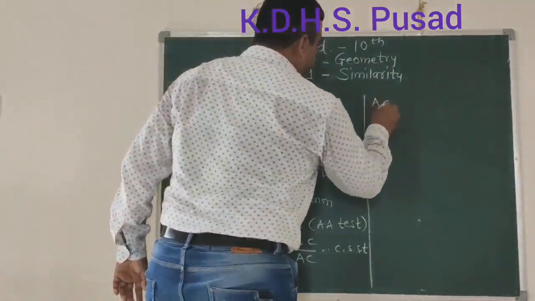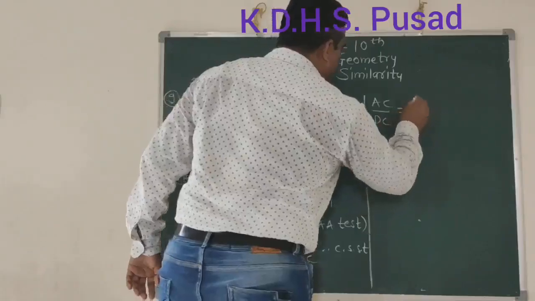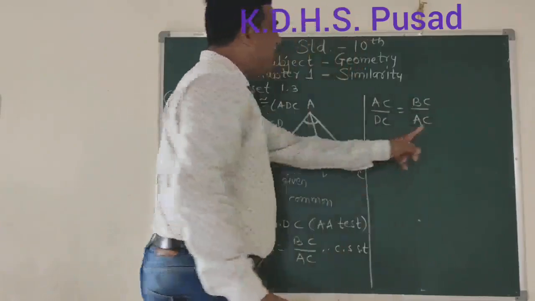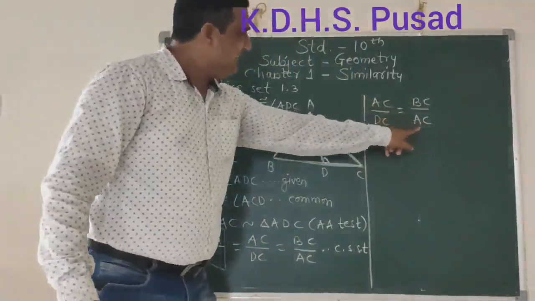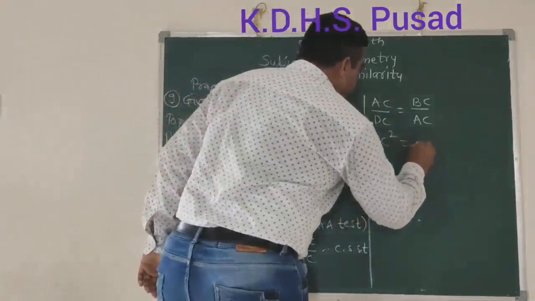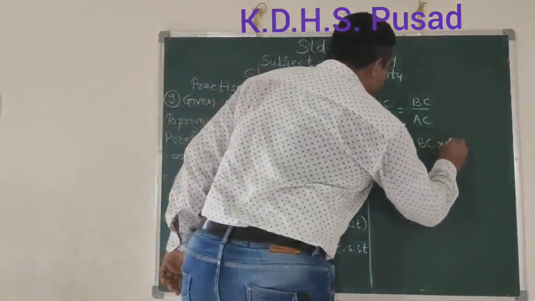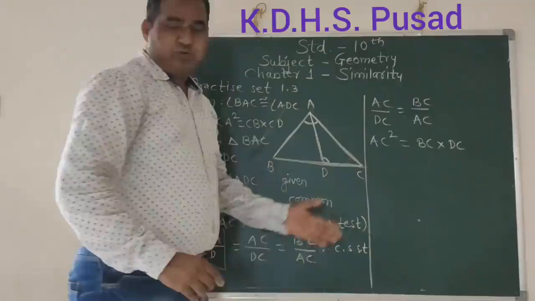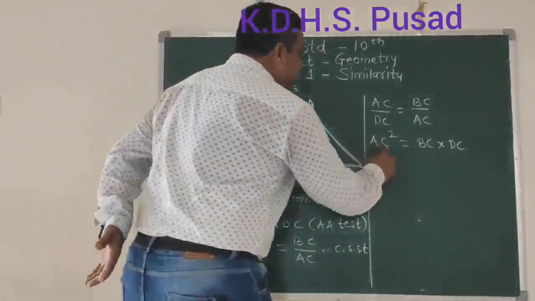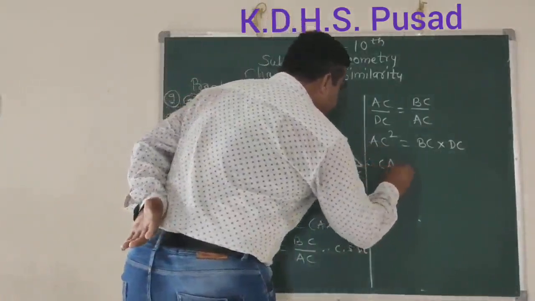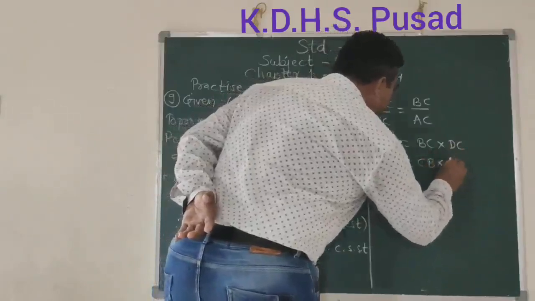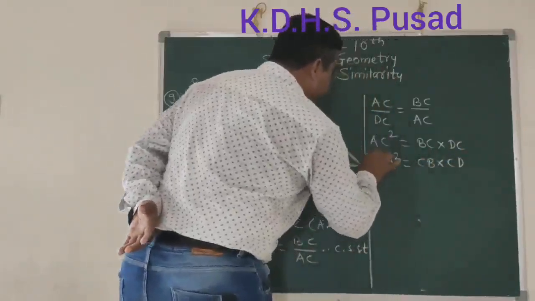Perform cross multiplication. AC into AC, that is AC square, is equal to BC into DC. That is your required result. If you want to change the alphabets, AC means CA. So therefore CA square is equal to CB into CD. That is the required proof.